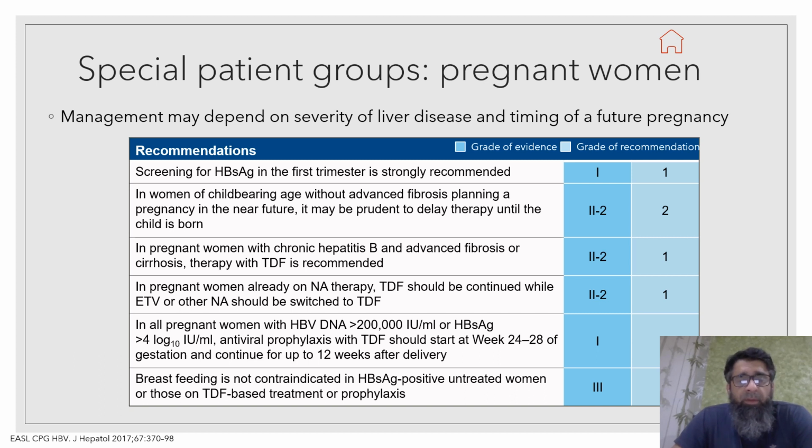In all pregnant women with hepatitis B virus DNA more than 200,000 international units per ml or hepatitis B surface antigen above a certain level, antiviral prophylaxis with tenofovir should start at week 24 to 28 and continue up to 12 weeks after delivery, which decreases the rate of transmission from mother to fetus. Breastfeeding is not contraindicated in hepatitis B surface antigen positive untreated women or those on tenofovir based treatment or prophylaxis.